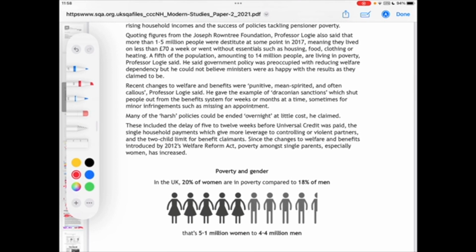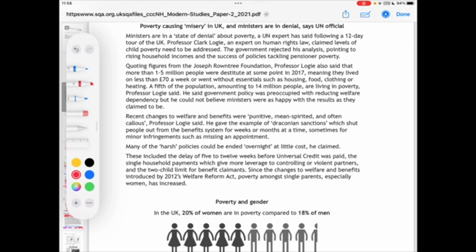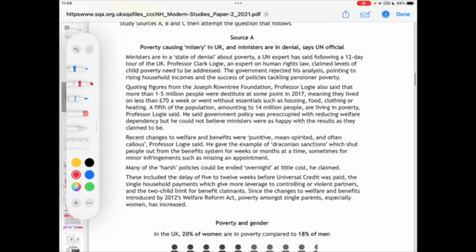Nothing about pensioners and children here. There's one about child poverty. So there's one about child poverty, so I can do that red, nice and easy.